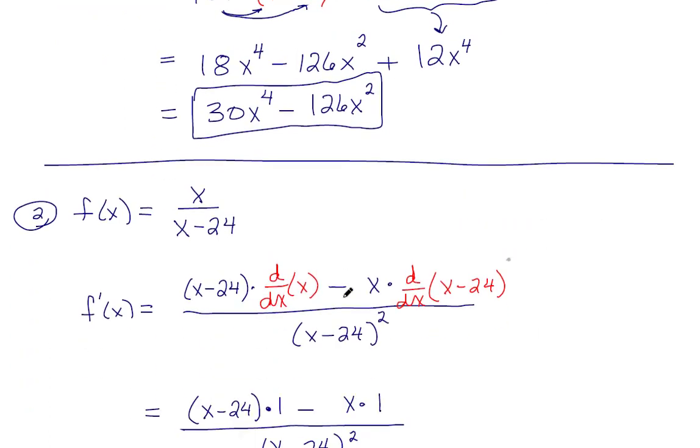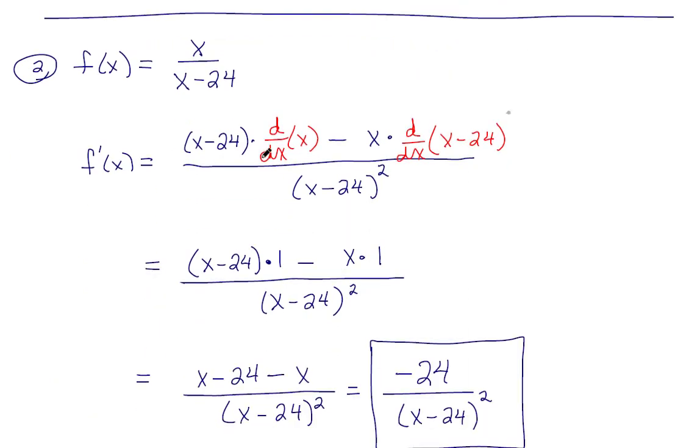In question 2 here with the quotient rule, the quotient rule says the bottom part squared. Bottom is here times the derivative of the top piece minus the top, there's the top, times the derivative of the bottom. So that's where the work is.